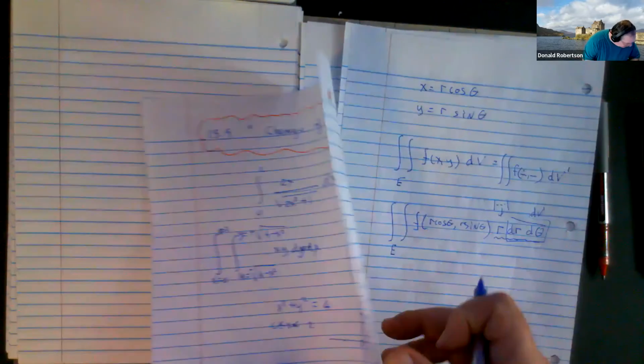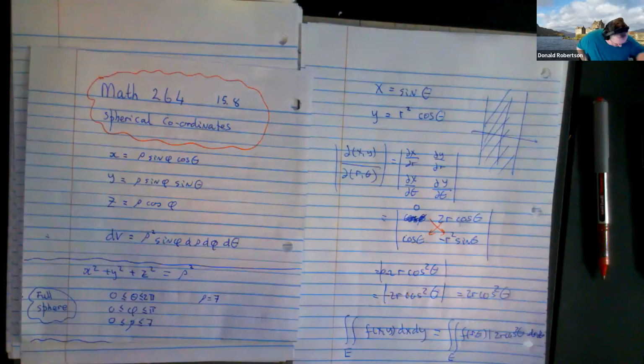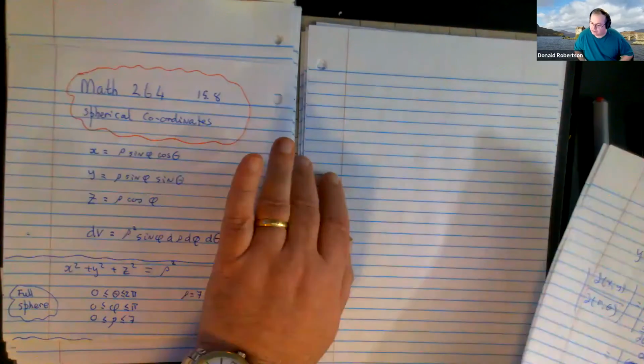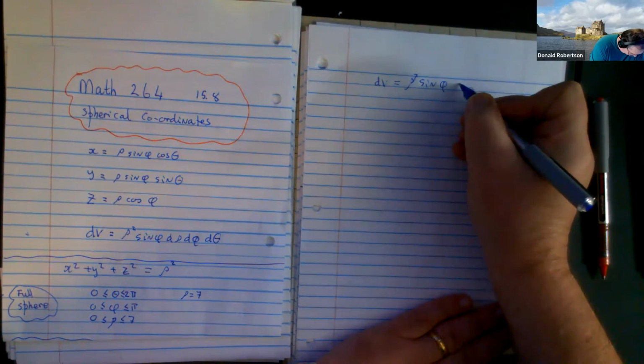There is another guy that I won't show you because it takes too long to prove. Remember that guy from spherical, for instance? So in spherical, you have rho squared sine phi d rho d phi d theta.